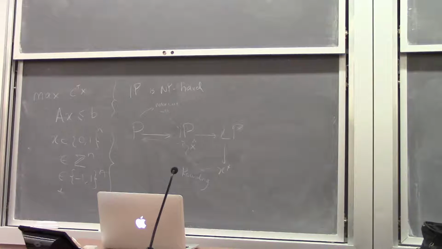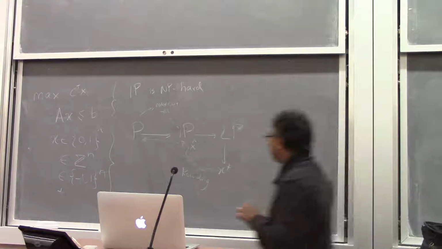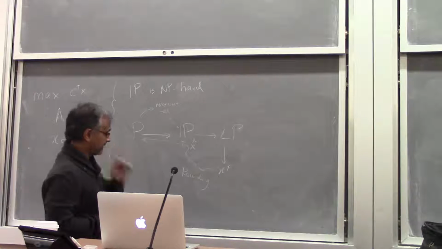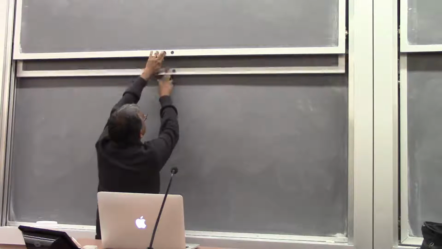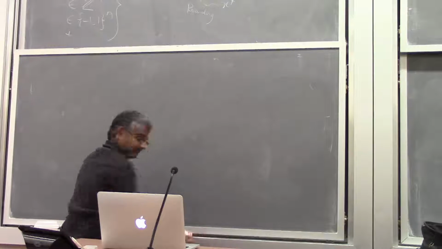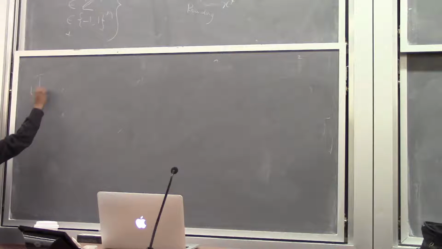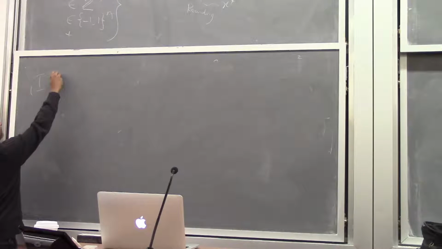Okay. So the question is the following. I have a family of instances of SAT. So you want to solve SAT, and you have some collection of instances, and you have a distribution over them.